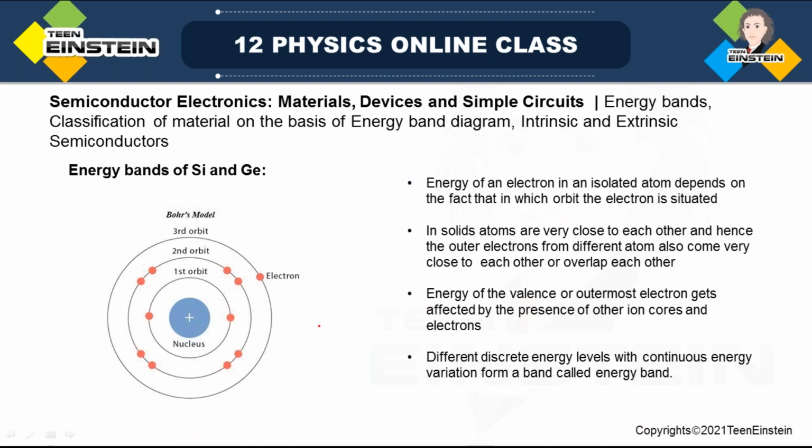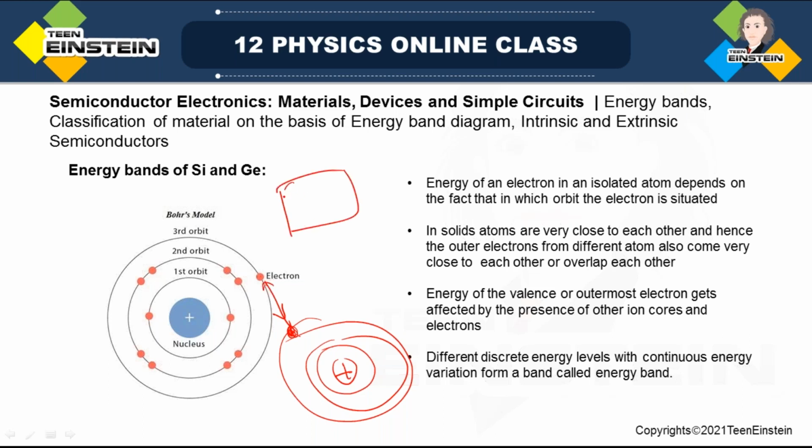If I take a similar atom over here, it has a nucleus and many other electrons. This is the outermost electron here, and this is the outermost electron of the other atom. These two electrons will come very close to each other in the solid, or sometimes they may even overlap. Because of that, there will be an interaction, called the electrostatic, or Coulomb, interaction.